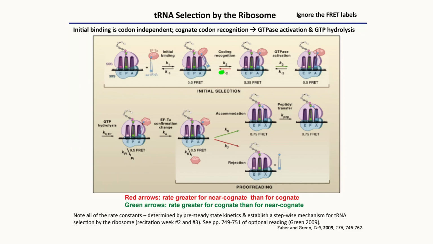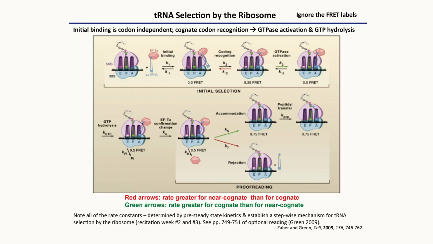In this scheme, if an arrow is colored, a red arrow indicates the rate is greater for near cognate than cognate. Which means in the event of a cognate pair, this is going to push in the forward direction. If it's near cognate, this back step has a greater rate of about 350-fold.